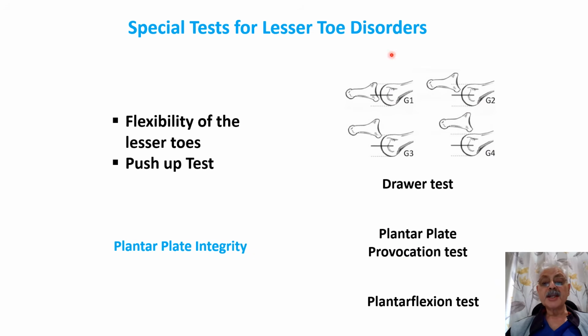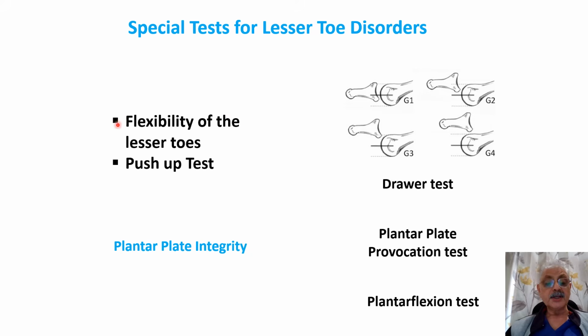When we are treating lesser toe disorders, the two important things to be considered are the flexibility of the deformities of the lesser toes and whether the plantar plate is intact or not.